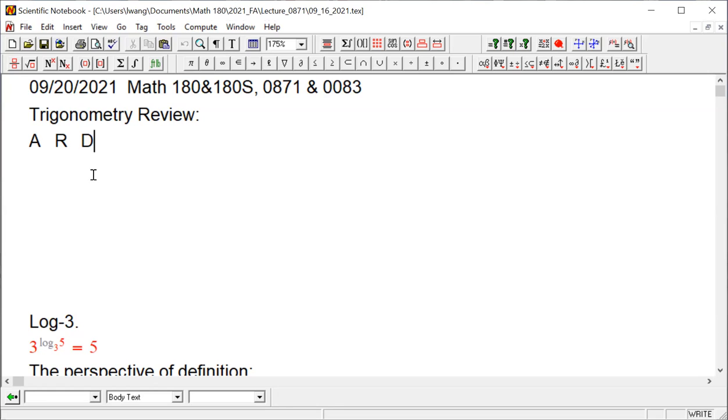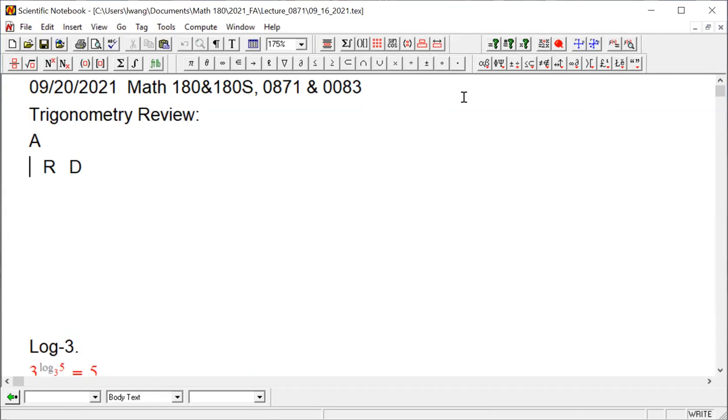The first one is called A because it's related to angle. It's about angle measurement.